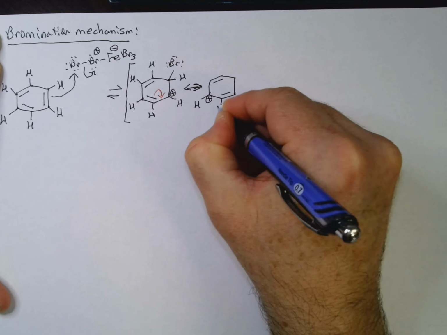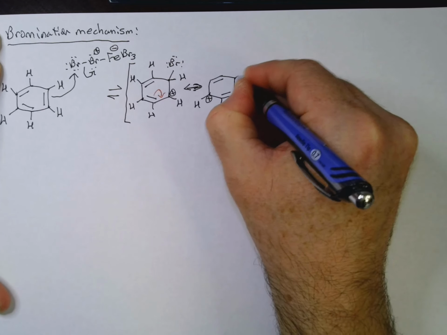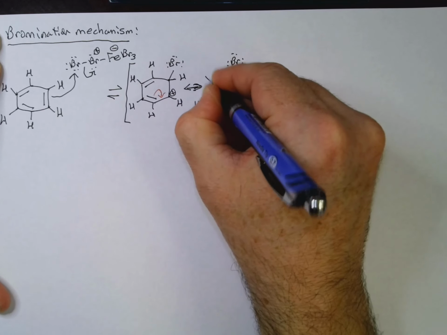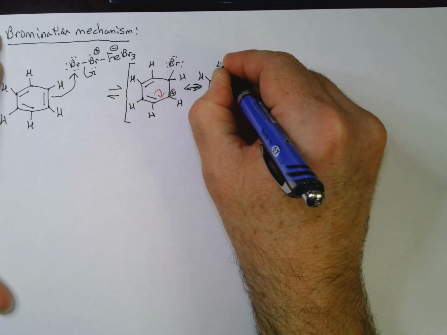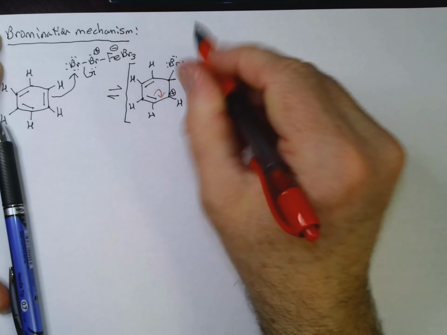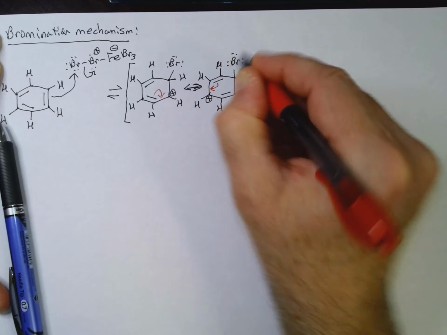Positive charge is going to move over there. And then we'll have our third resonance structure.